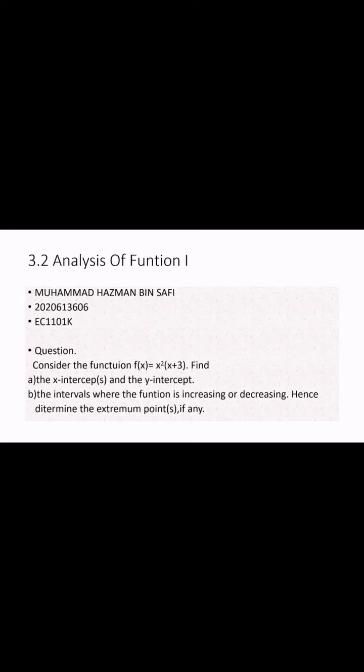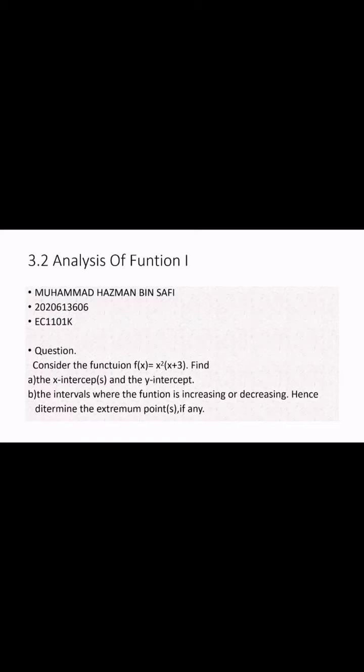Find A, the x-intercepts and the y-intercepts. B, find the intervals where the function is increasing or decreasing. Hence, determine the extremum points, if any.